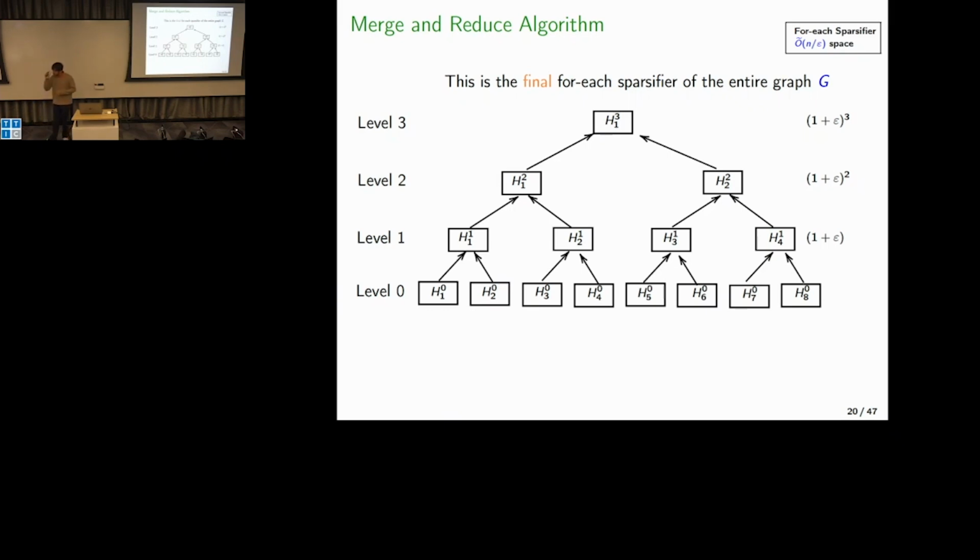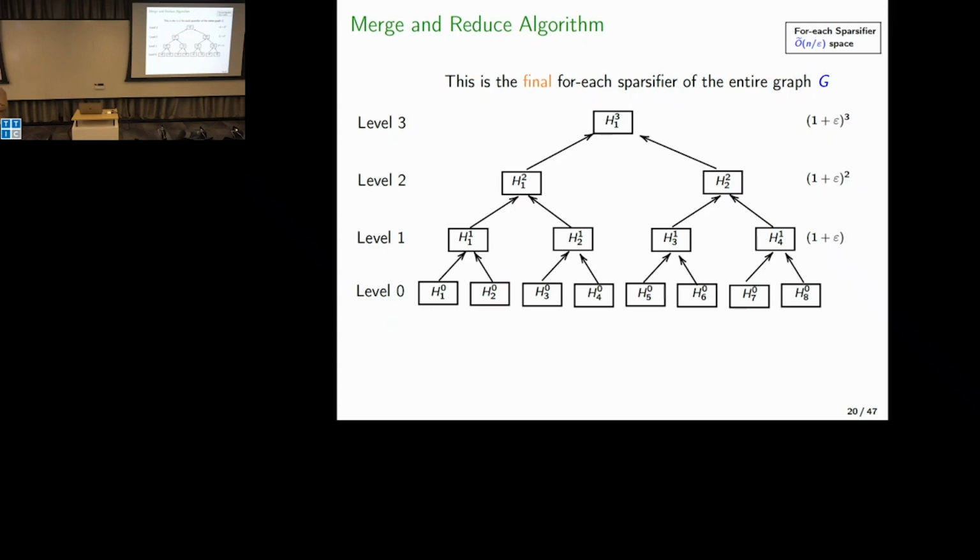Does this make sense? This idea seems very similar to Ahn and Guha's for-all sparsifier. This merge and reduce idea is very similar, if I'm correct. Basically you have these log n levels. Right, yeah. I think the way Ahn and Guha in their paper gave the sparsifier was not using merge and reduce, but you can equivalently think of the for-all sparsifier also in terms of merge and reduce.